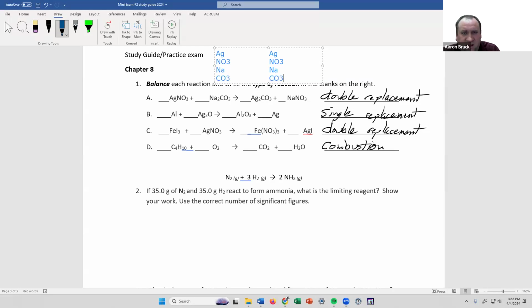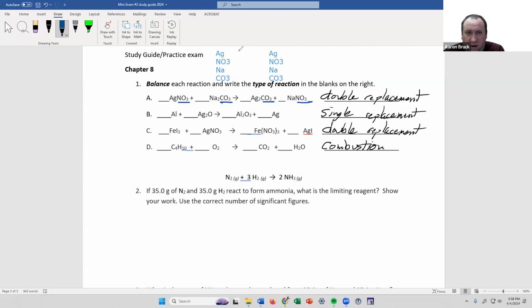And remember, the reason that I can keep the nitrates and the carbonate together in this scenario is because they are the same on both sides of the equation. So I've got nitrate here, carbonate there.